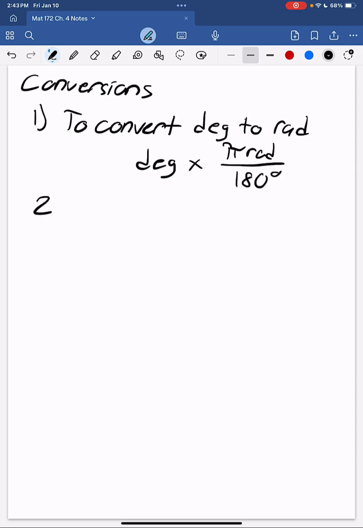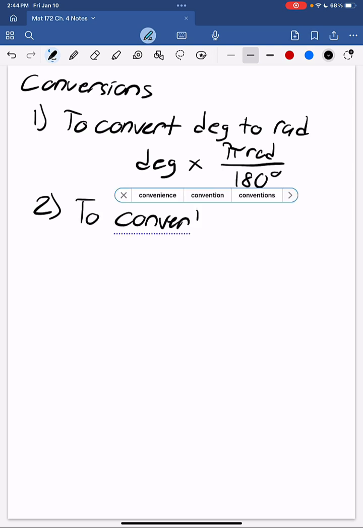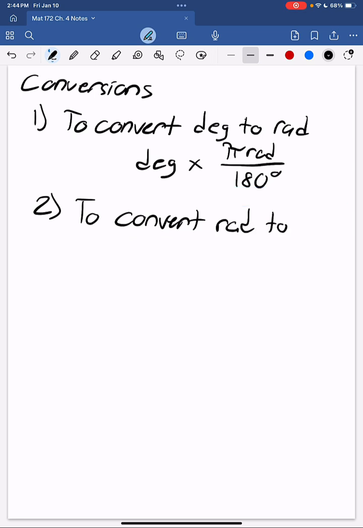And to do that in the exact opposite direction, to convert radians to degrees, we take the radians and multiply by 180 degrees over pi radians.